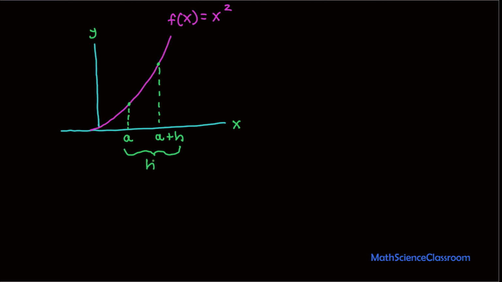So we have the values on the x-axis. Now, the y values would simply be the function values. So f of a, and this would be f of a plus h.